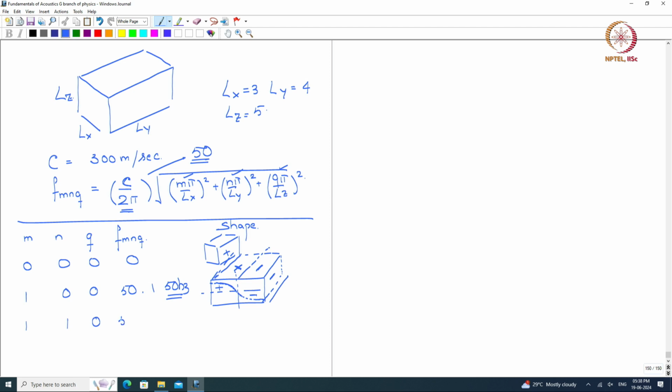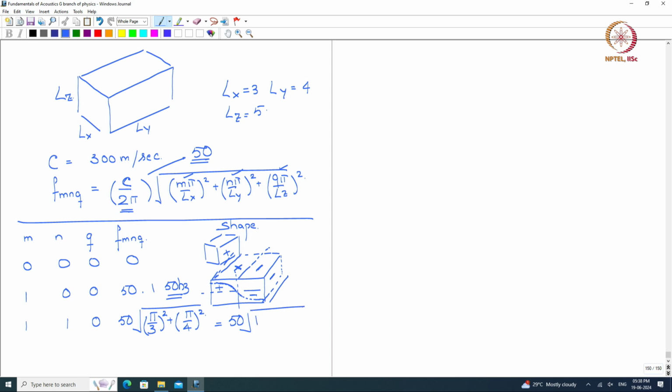I have a 50 outside, I have a square root of (pi by 3) whole squared and (pi by 4) whole squared. Pi by 3 I will take as a 1, so I have 50 into square root of 1.